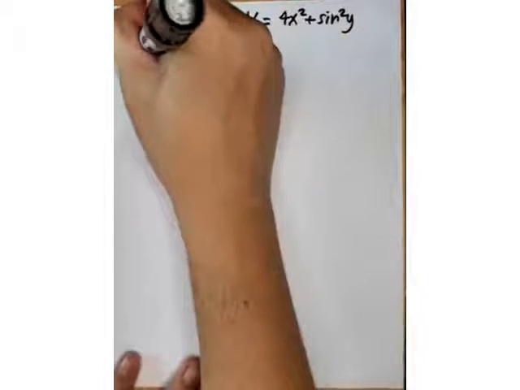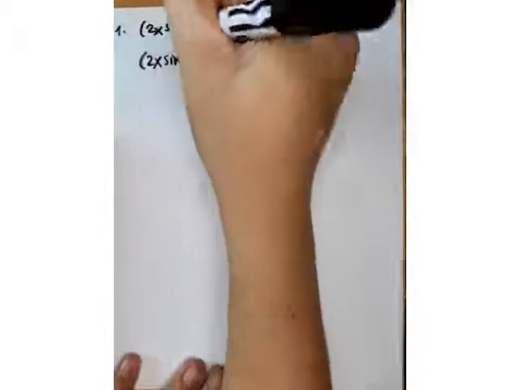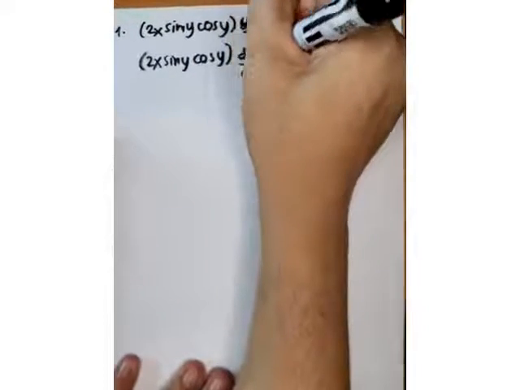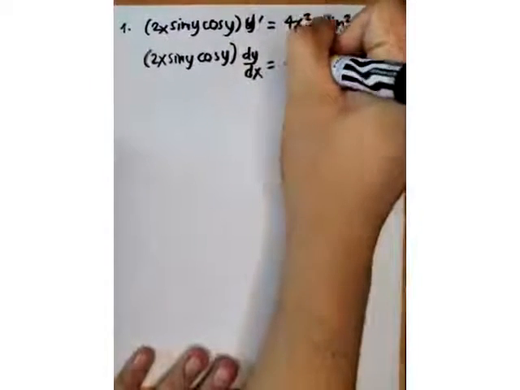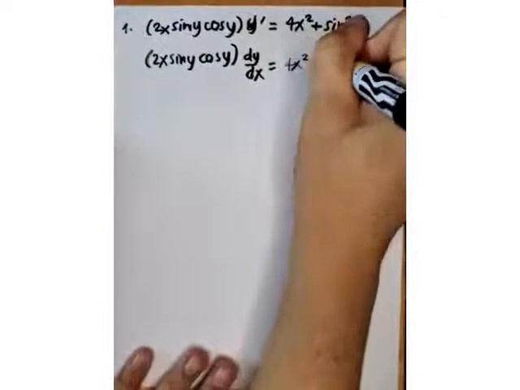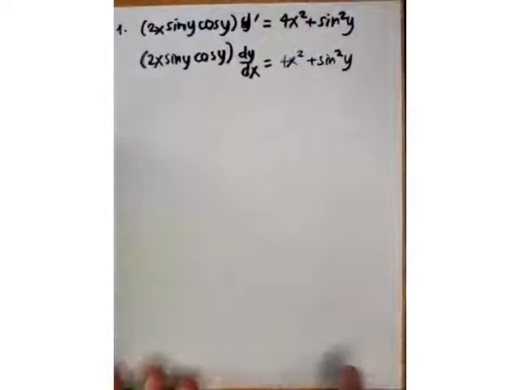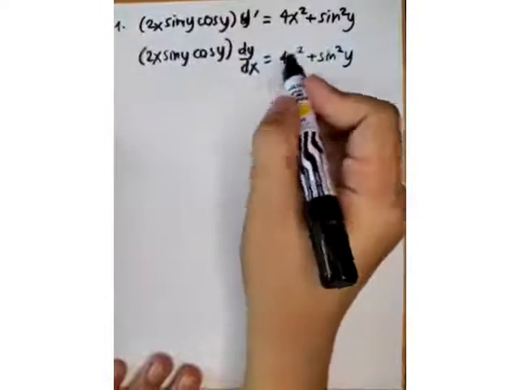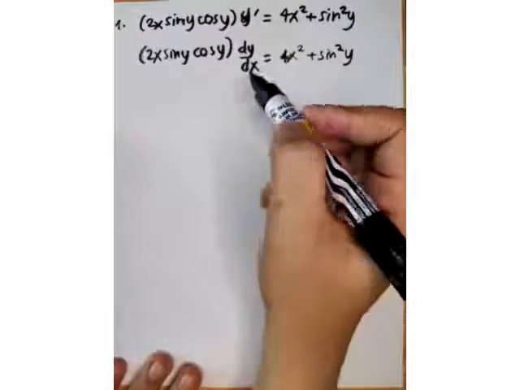So if I will convert that to dy over dx, so that's equal to 4x squared plus sine squared y. And then we transpose yung dx dito, kasi dapat walang mga denominator, dapat hindi nagiging denominator yung dx.